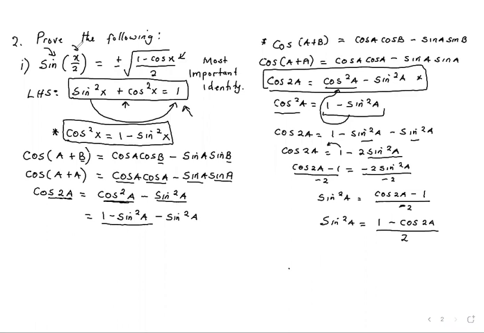Sir, why is it that we are not squaring the A, since it's cos A times cos A, so it should be cos squared A?